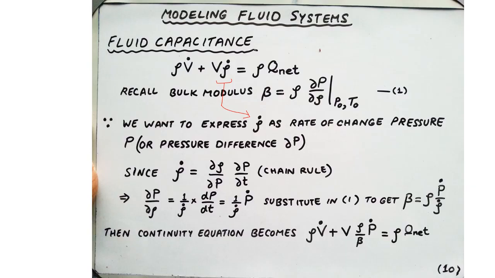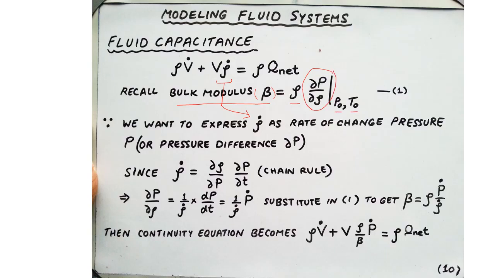So we introduced the bulk modulus over here, which is defined as beta equals rho times the rate of change of pressure with reference to the change in the density at a given pressure and temperature.